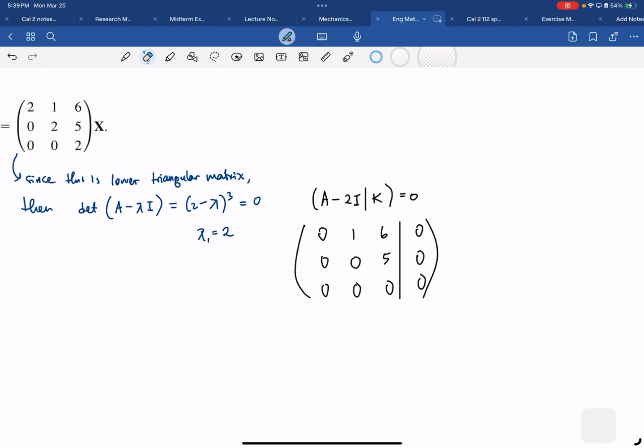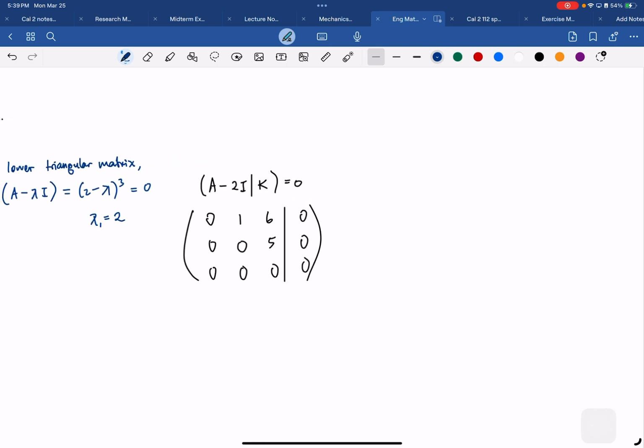Okay, I think it's supposed to be okay. And you'll see that we can make the second row become 0. Let me just solve this directly. So K3 is 0, 6K3 plus K2 is 0.